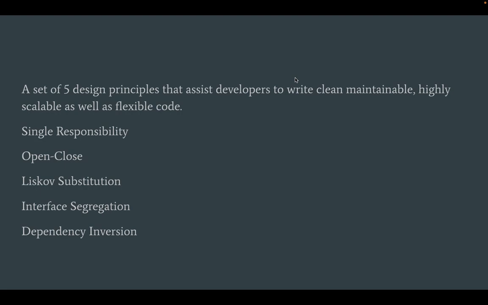These 5 design principles are there to make sure that developers write clean, highly maintainable, highly scalable, and flexible code. The more you go into details as to what they are for, and when to use one and when not to, like single responsibility, you want to make sure that any class that you have has one single responsibility, the same as in a microservices architecture.